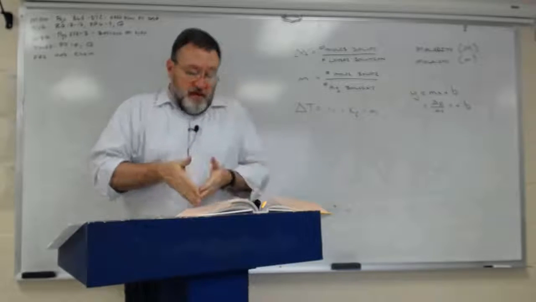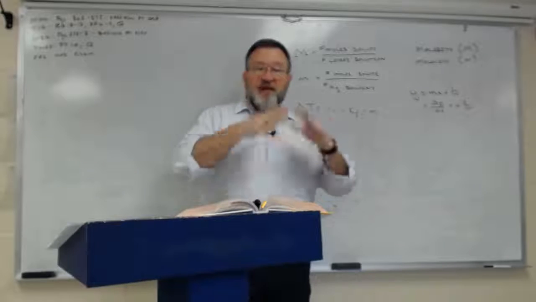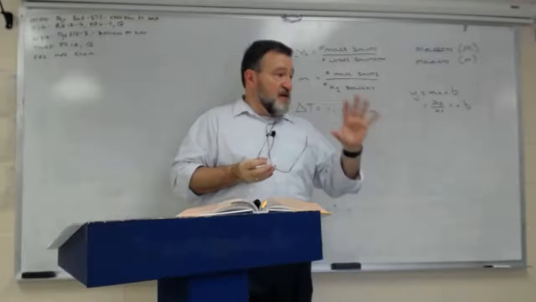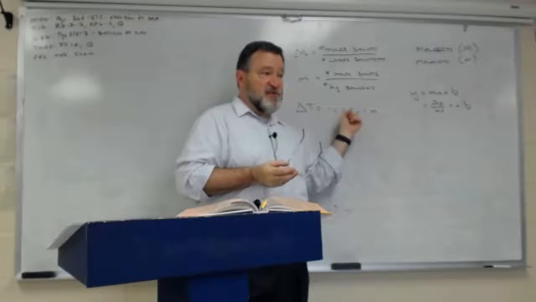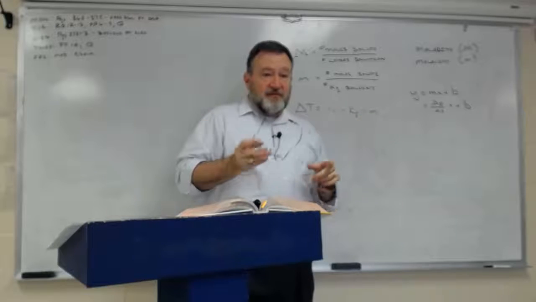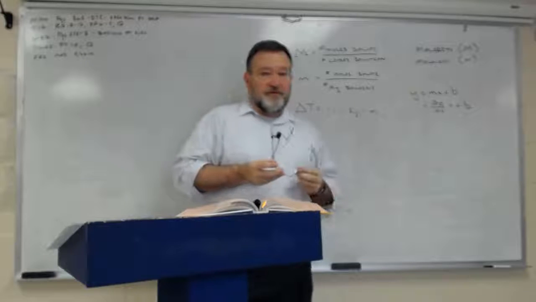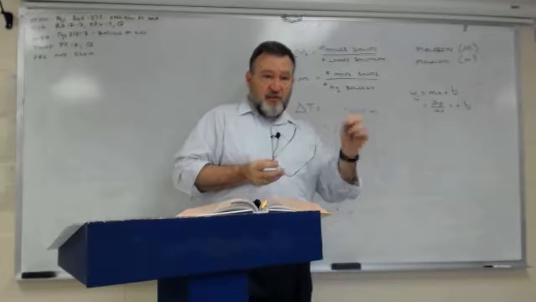So if you have a particular solvent, you might be given the specific K sub F, or a table, and you need to find on the table that solvent's freezing point constant.